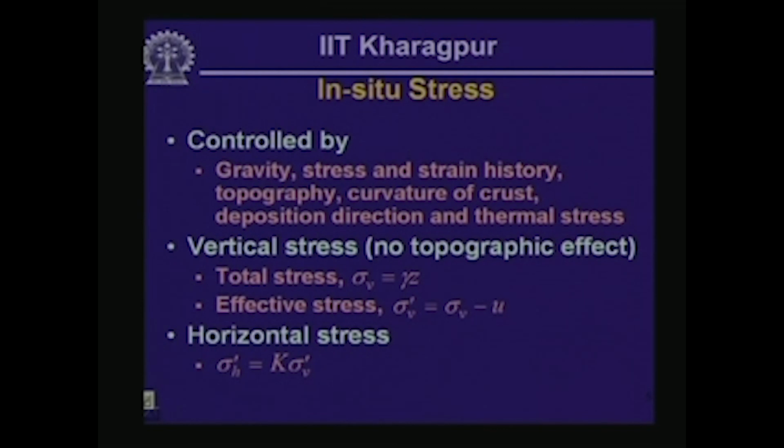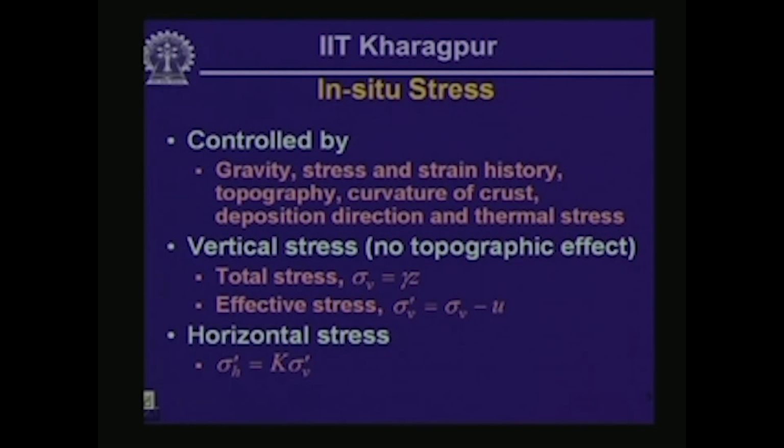Then we can also introduce another term, which is the effective stress, and as we know, effective stress is simply equal to the total stress minus the water pressure that is acting on the element. What we are neglecting here is the topographic effect, and what we are also neglecting when we are using this definition of effective stress is that there is no movement of groundwater.